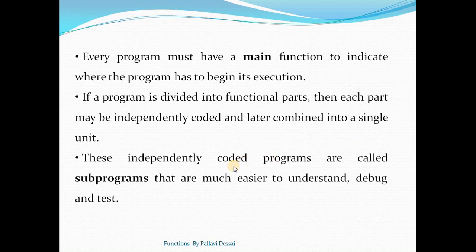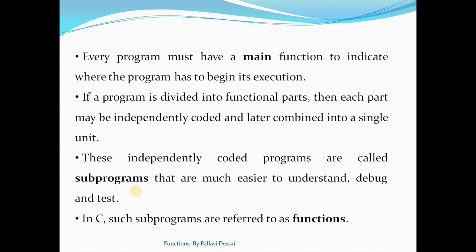These independently coded programs are called subprograms, which are much easier to understand, debug and test. So the small programs which we write are known as subprograms. These subprograms, when we bring them together, become one program.